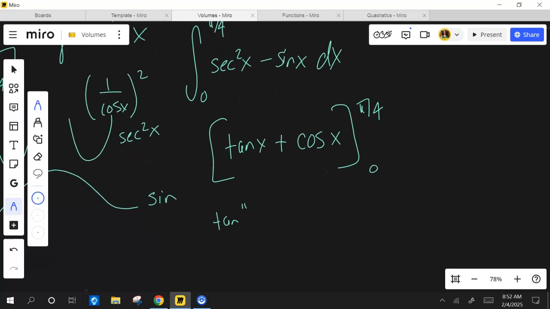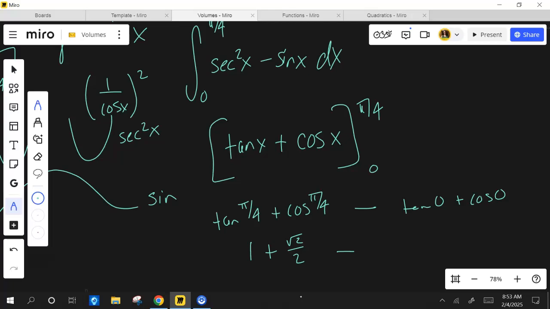So we have to do pi over 4 first. I got tan pi over 4 plus cosine pi over 4, minus tan 0 plus cosine 0. Tangent of pi over 4 is 1, cosine of pi over 4 is root 2 over 2. Minus, what's the tangent of 0? 0.